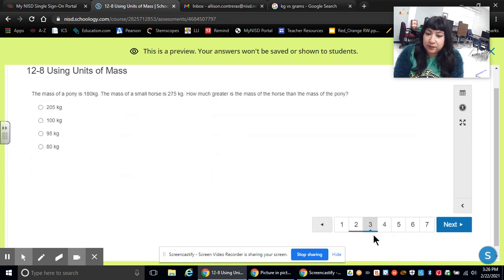Number three says the mass of a pony is 180 kilograms. The mass of a small horse is 275 kilograms. How much greater is the mass of the horse than the mass of the pony? This key phrase right here, how much greater, means you're comparing. When you're comparing, you're always going to subtract.